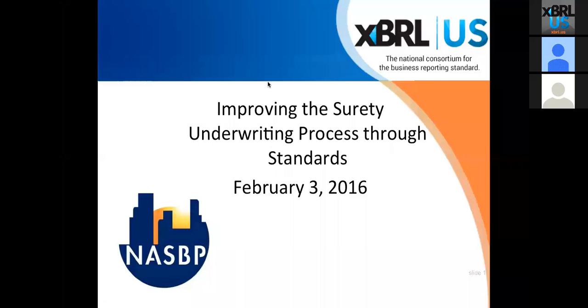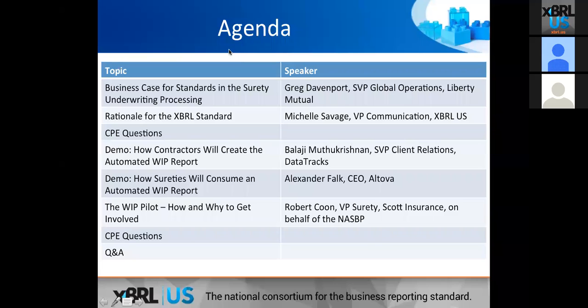Okay, I'm going to go ahead to our first screen, and we're going to talk through the agenda. Today we're going to start off with the business case for standards in the surety underwriting process. Our speaker will be Greg Davenport. Greg is a Senior VP for Global Operations at Liberty Mutual Surety, where he's responsible for process management, e-business, analytics, communications training, and home office administration.